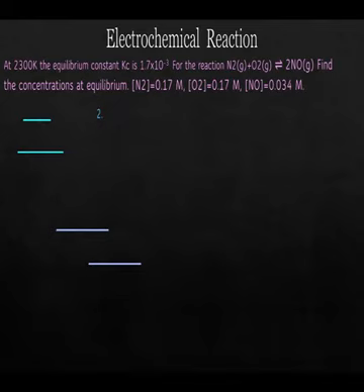Okay, so let's try an example to apply what we have just learned. At 2300 Kelvin, the equilibrium constant is 1.7 times 10 to the negative 3. For the following reaction, find the concentration at equilibrium. Okay, so we have our concentration listed in the question.